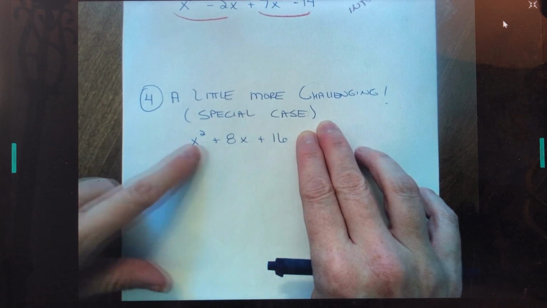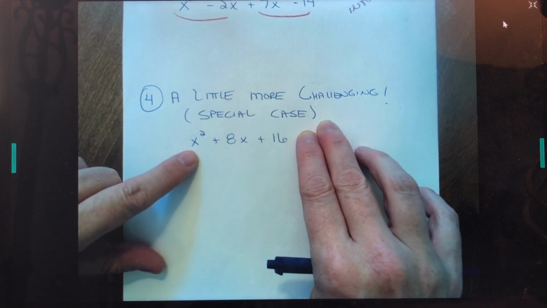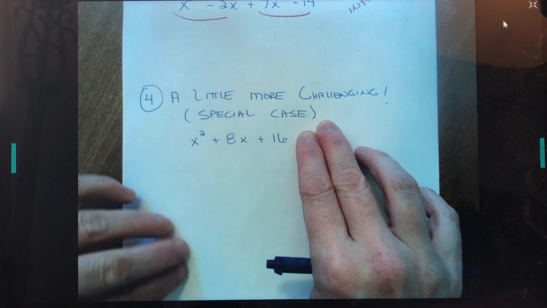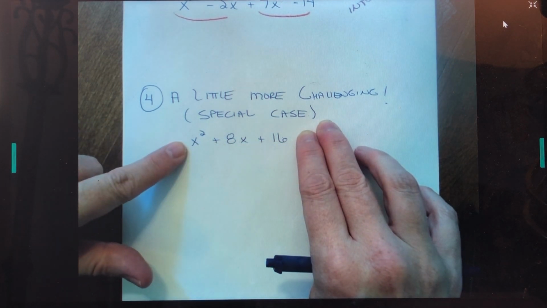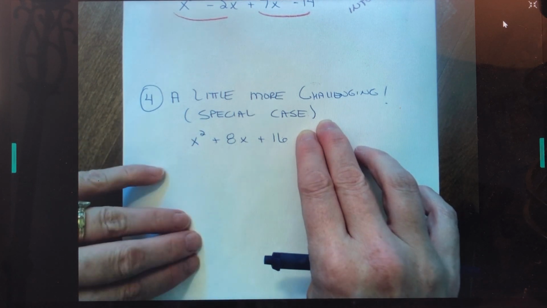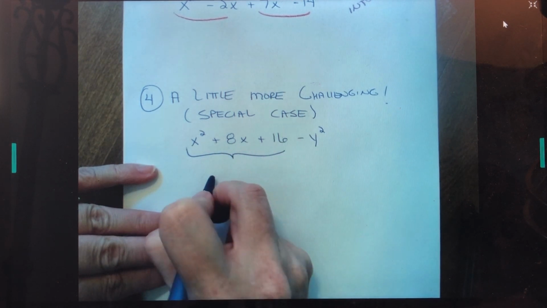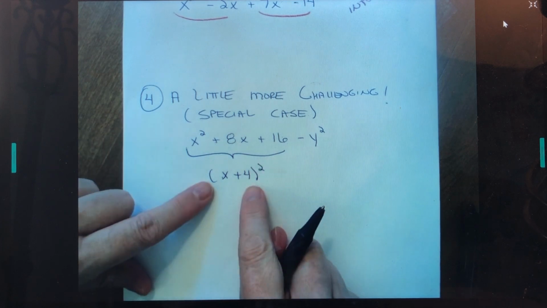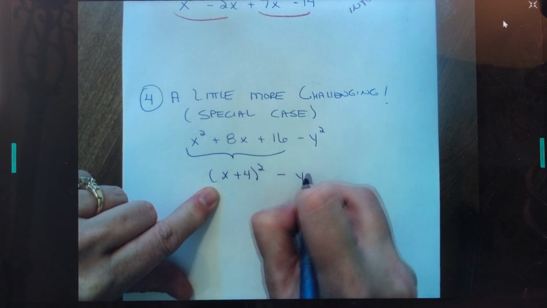So we would actually factor this as a perfect square trinomial, and there's a video on how to do that, but what I want to do is just show you the result so you can see where to go from here. If you use your perfect square trinomial factoring skills, or even just regular trinomial factoring skills, we realize that this front piece will factor like this. It's x plus 4 squared. And then this piece is minus y squared.